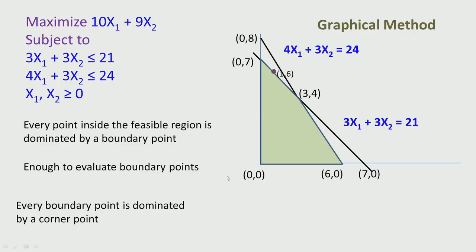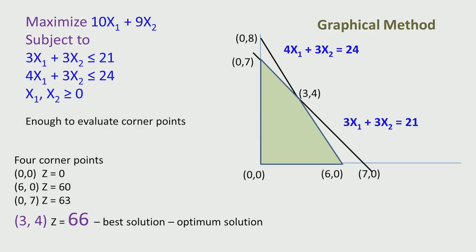So every boundary point is now dominated by a corner point, and therefore it is enough to evaluate only the corner points. Now we realize that there are 4 corner points: 0, 0, 6, 0, 3, 4 and 0, 7. So there are 4 corner points in this, and now we evaluate the objective function for the 4 corner points.